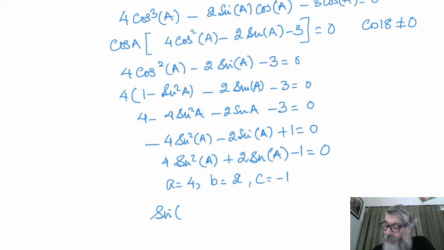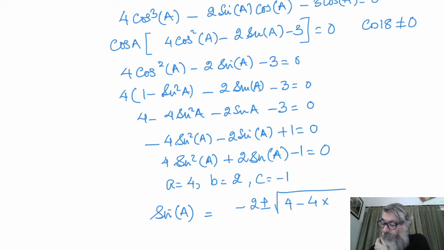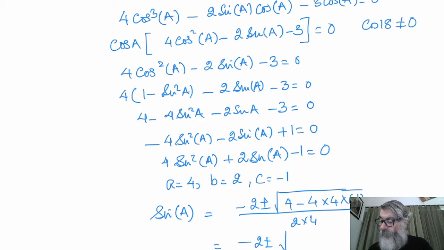Sin A will come out to be minus b plus minus under root b square minus 4ac, where a is 4 and c is minus 1, upon 2a, which is 2 into 4. So what do I get? I get minus 2 plus minus under root 4 plus 16 upon 8.